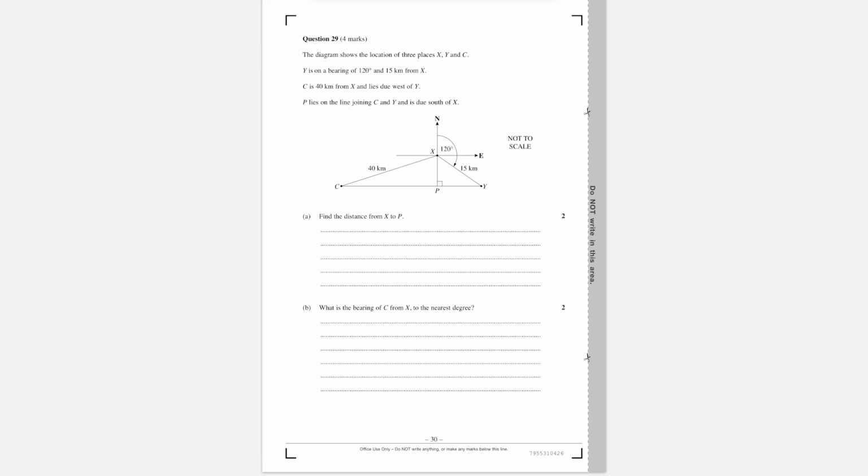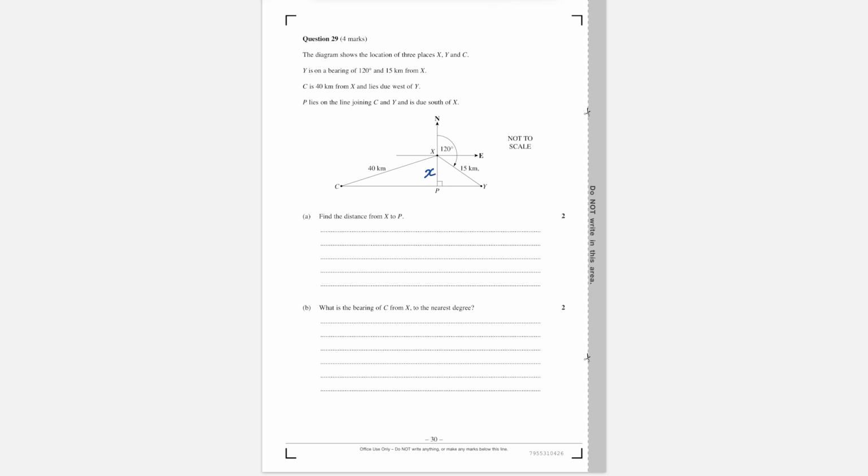Question 29. The diagram shows the location of 3 places, X, Y, and C. Y is on a bearing of 120 degrees and 15 kilometers from X. C is 40 kilometers from X and lies due west of Y. P lies on the line joining C and Y and is due south of X. Find the distance from X to P. So we'll immediately call that distance x.